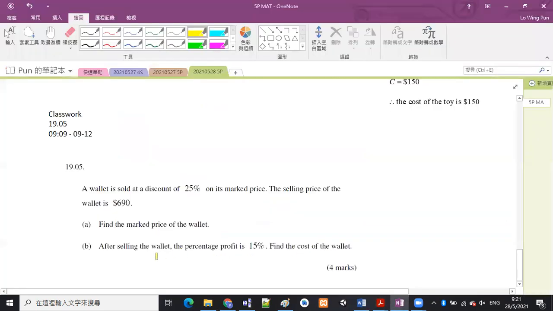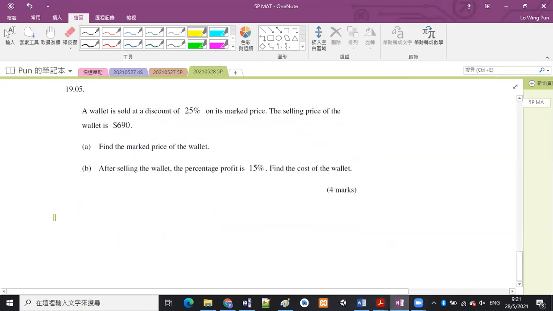So that is question number 19.05. For the next one, I would like to talk about 21.06, but I don't think I have enough time to complete this today. Let us do some preparation this weekend, and then I'm going to talk about the following questions.